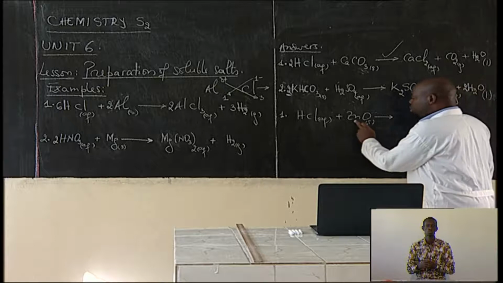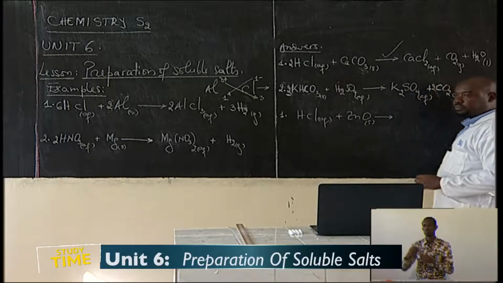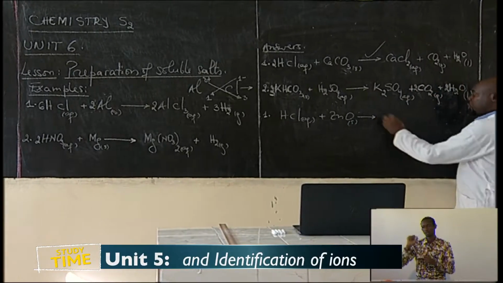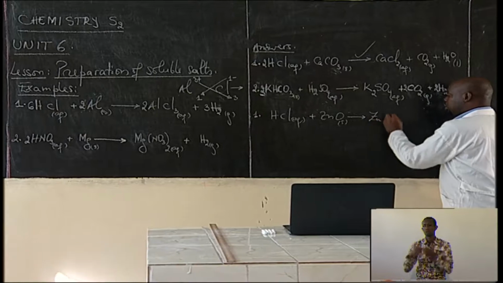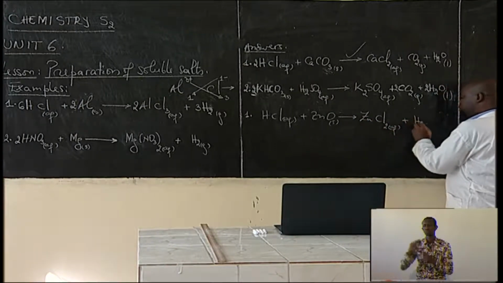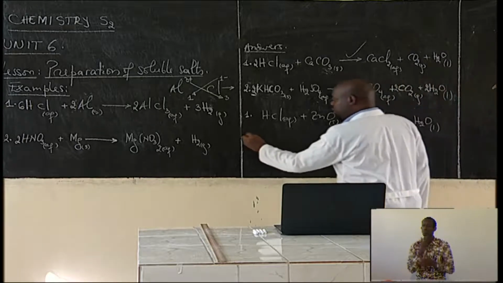The metal cation will combine with the anion from the acid, while hydrogen and oxygen will combine to give water. So we have zinc chloride plus H2O, liquid water.